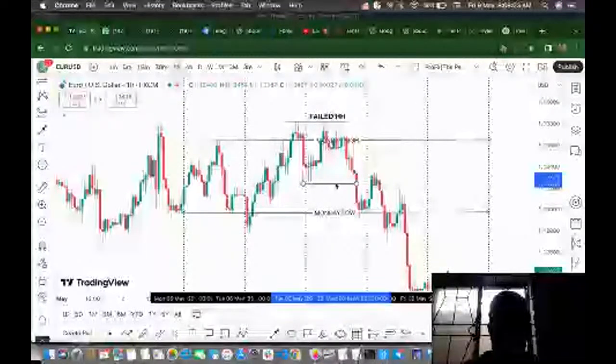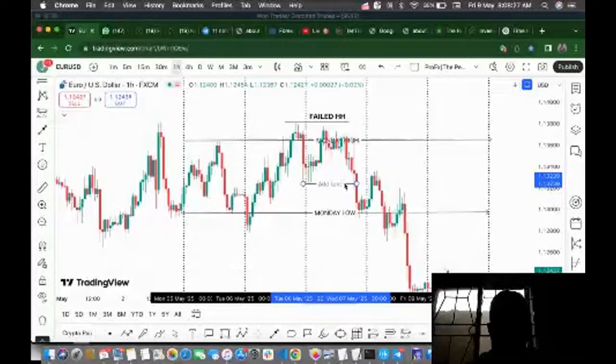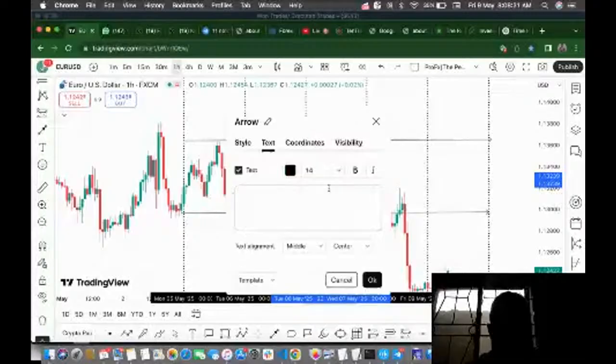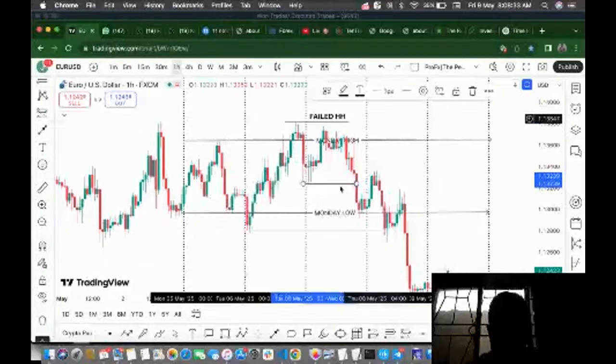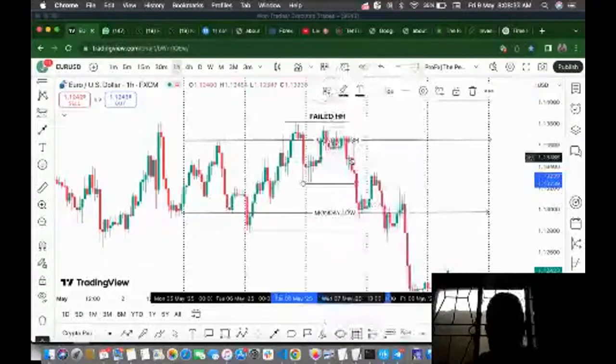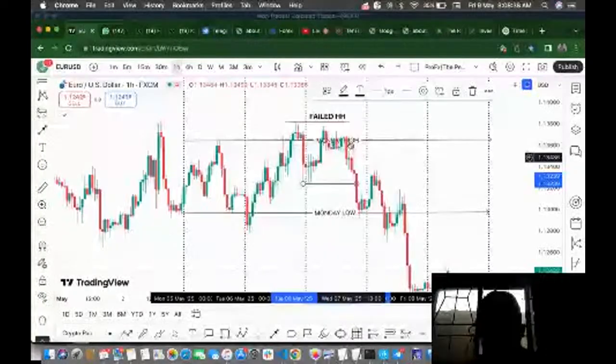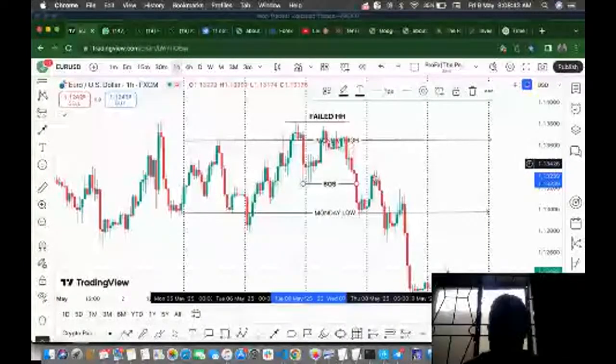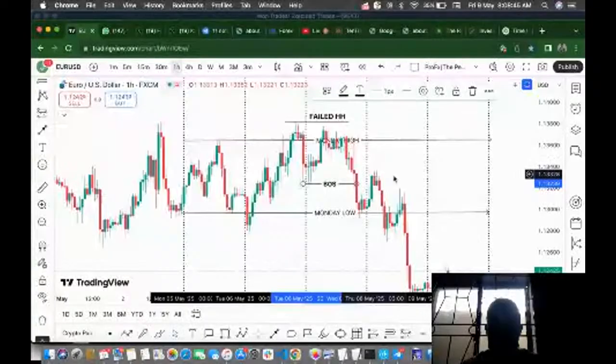Are we getting this? Because we apply this again next week. Same pattern, same trend, same similarities. After break of structure, what do we expect? A pullback, timing, and what? Continuation.